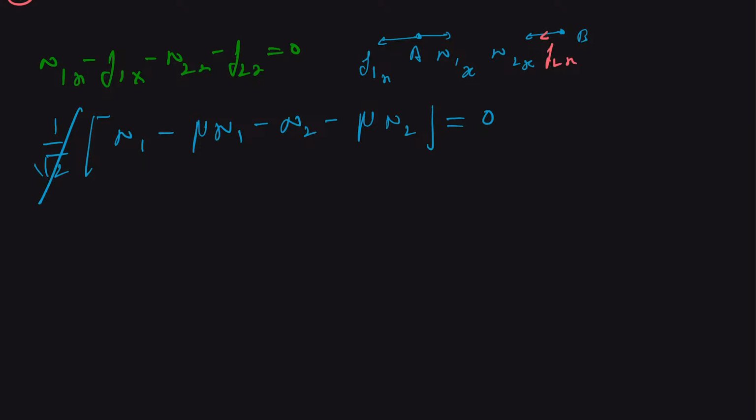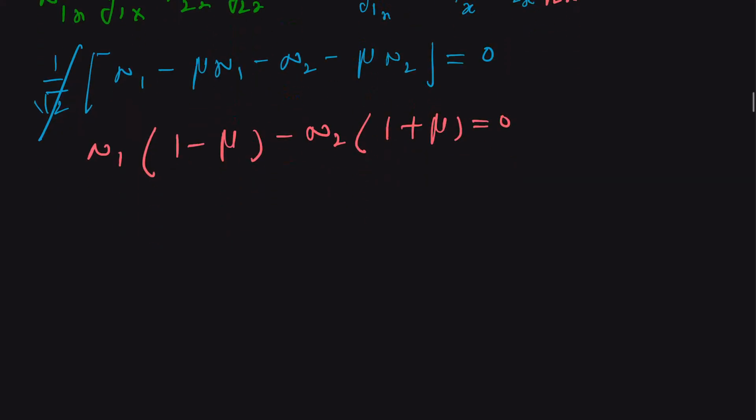So from here we can write that N1 times 1 minus mu minus N2 times 1 plus mu is equal to 0, and we can say that our N2 is equal to N1 times 1 minus mu divided by 1 plus mu.